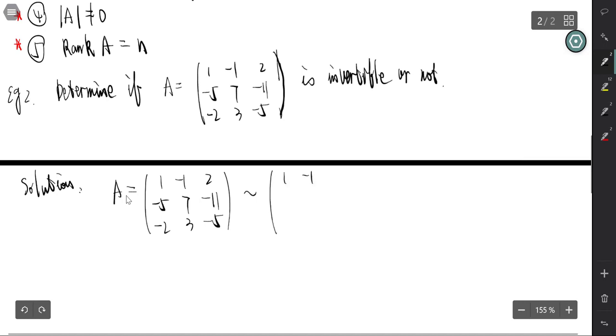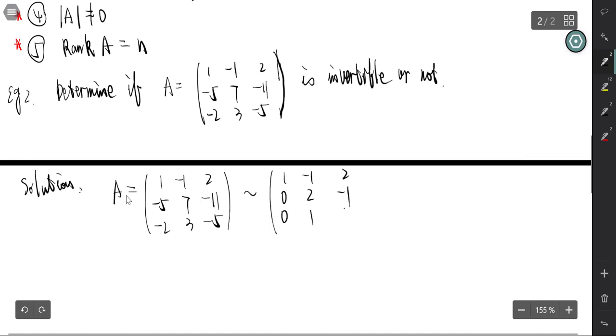1, -1, 2 times 5 add to the second row. That's 2. That's -1 times 2 add to the third row. That's 1 times 2.